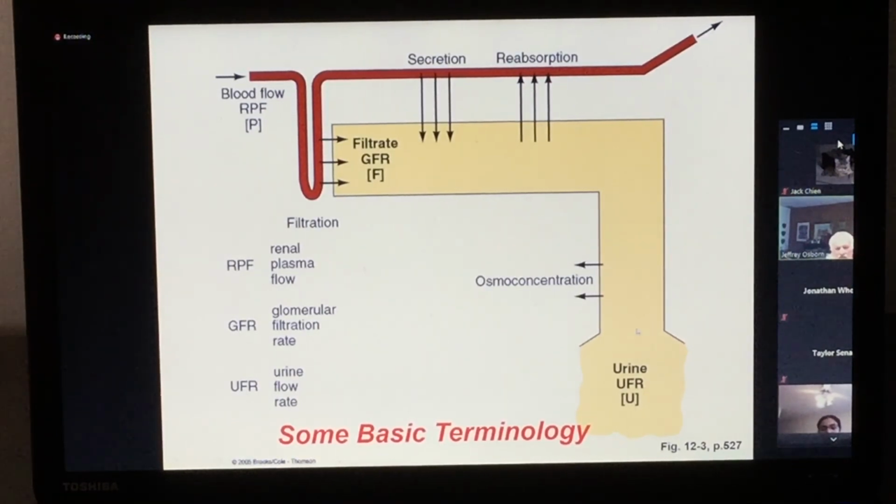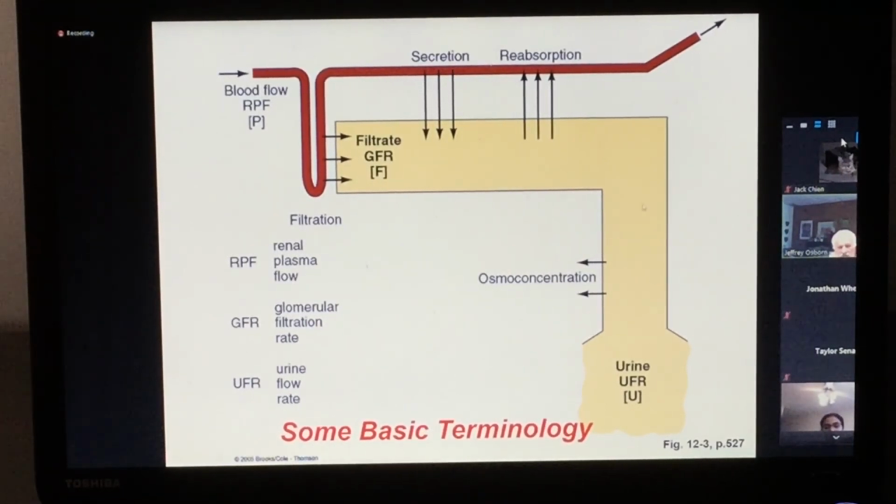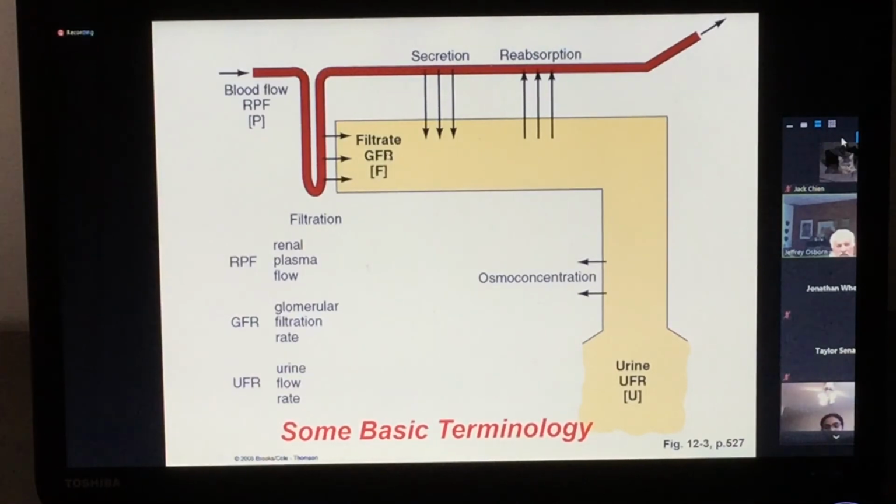Then the last term is excretion, and that's urine flow rate. That's the excretion that comes out at the end of the nephron and into the bladder. So we have filtration. We have secretion, which puts fluid, ions, and particles into the tubule.